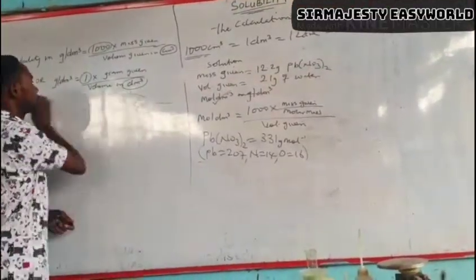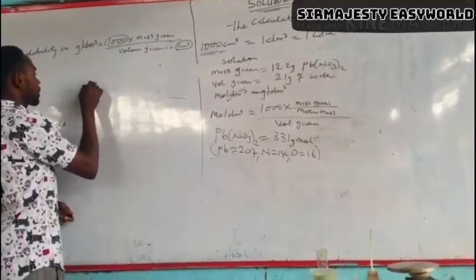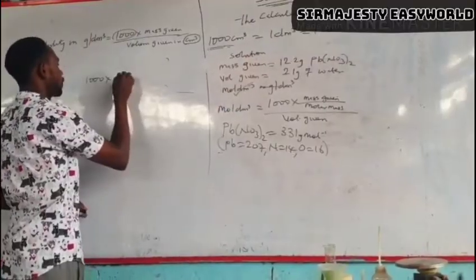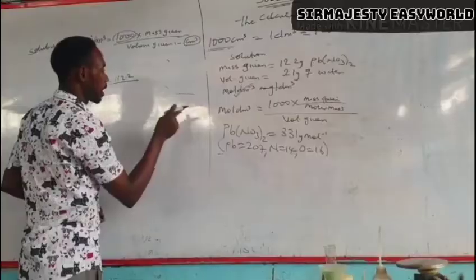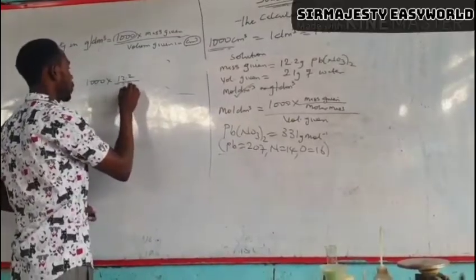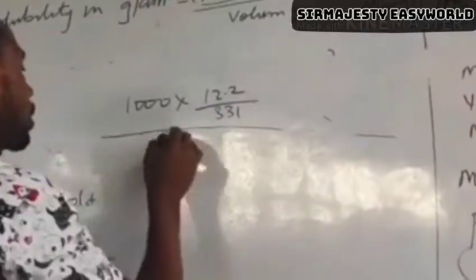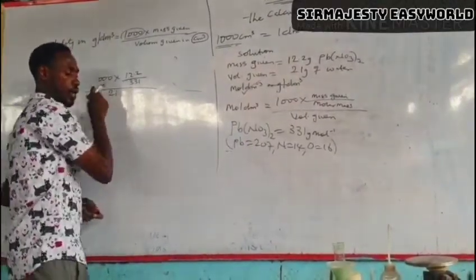Now, substituting the values from here, we have that 1000 times, what's the mass given from the question? 12.2 divided by molar mass. Molar mass is 331. Divide now all by the volume given, which is 21. Remember, if this volume is in dm cube, I'll use 1 here instead of 1000.